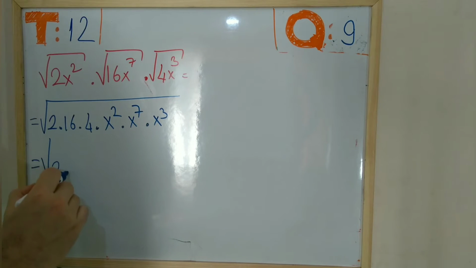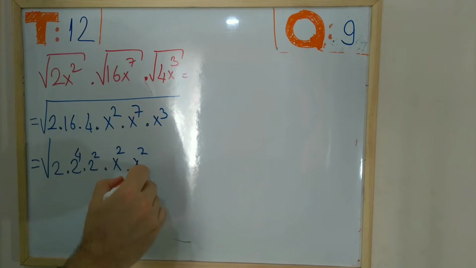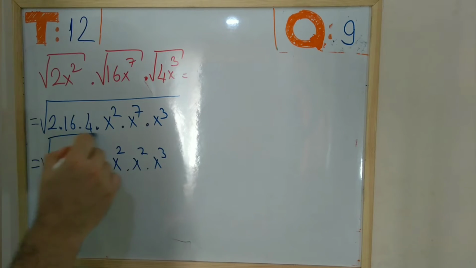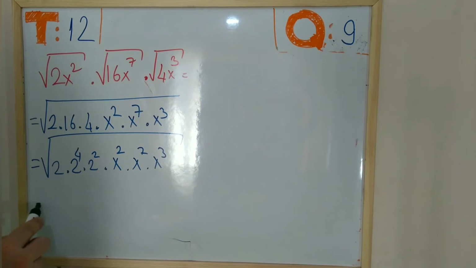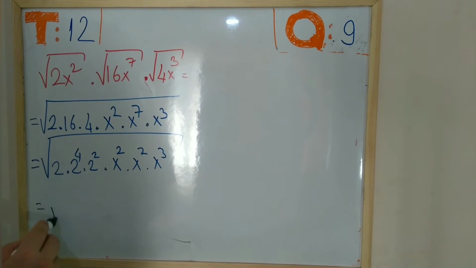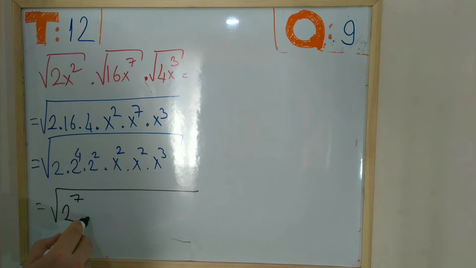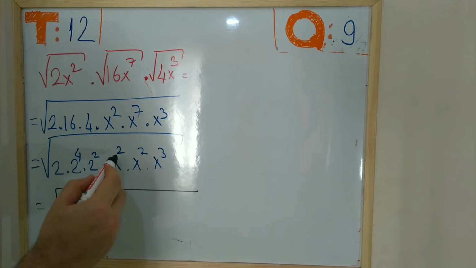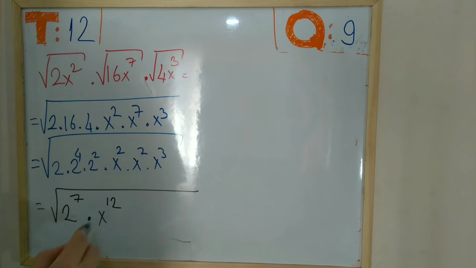Let's write down 2 times 2 to the 4 times 2 to the 2 times x to the 2, x to the 7, x to the 3. And let's sum these up first. Multiply these up. What we have is 2 to the 1 plus 4 plus 2, 2 to the 7, times x to the 2 plus 7, 9 plus 3, 12.